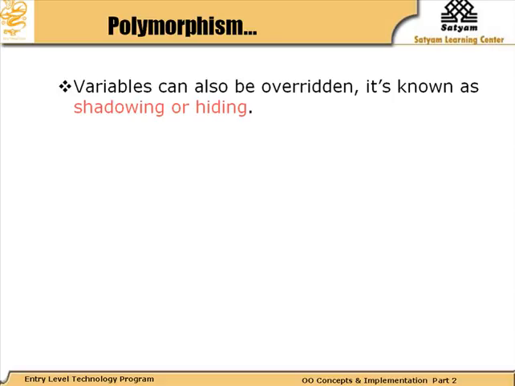Variables can also be overridden. It's known as shadowing or hiding. This implies that I can have a variable with the same name in both parent and derived class, or base and derived class. However, the derived class shadows or hides the parent version of the variable.